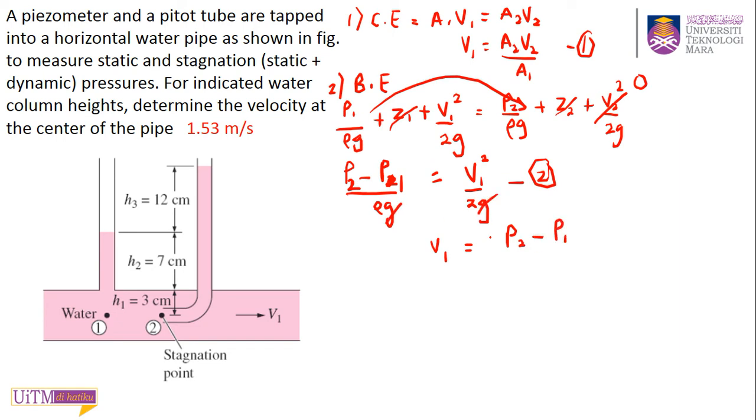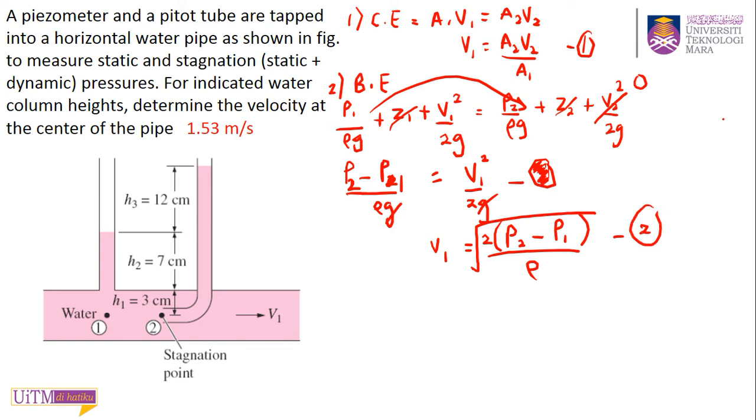Okay, times 2 over rho. Okay, kan V1 squared ni kan. So V1 sama dengan square root of P2 minus P1 times 2 over rho. So this is your second equation, dia ambil yang simple lah.